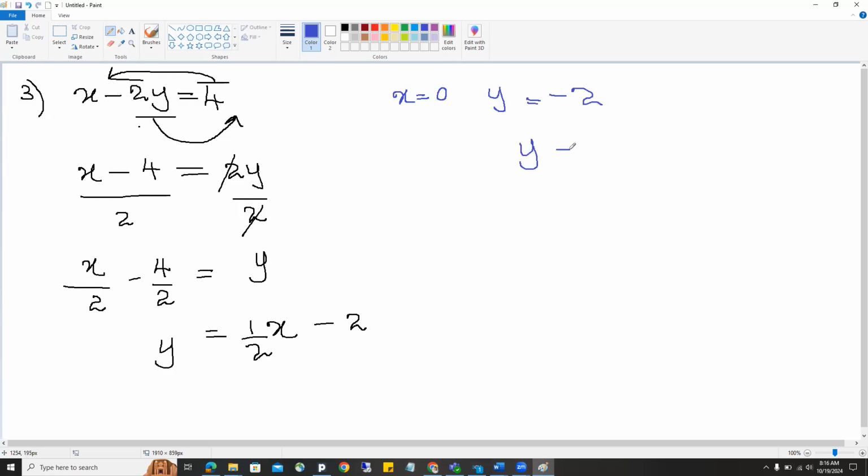When y is equals to 0, what is the x value? Tell me the x value. When y is 0, then what is it?